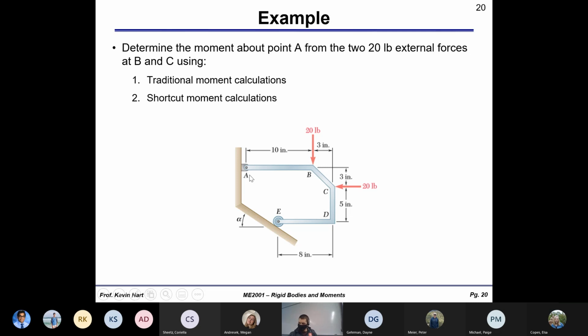So the contribution to the moment about point A from this guy is 3 times 20, 60, acting in negative K when I think about the right-hand rule. So the total moment at A from these two forces is negative 260 inch-pounds K. Bang. I don't even need to write that down on paper. I can just do it very quickly in my head and say negative 260 K hat. I'm done. Once you get the shortcut methods down, you don't need the determinant form anymore. It's kind of like overkill, right?